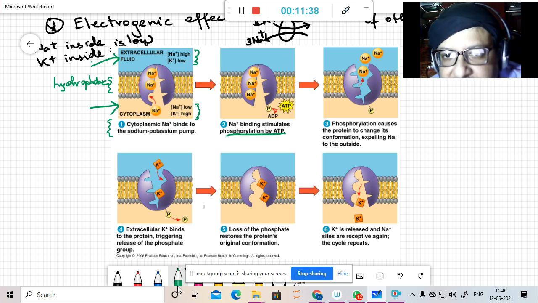It flips open in the other direction, and the sodium ions are released outside, expelling sodium to the outside.